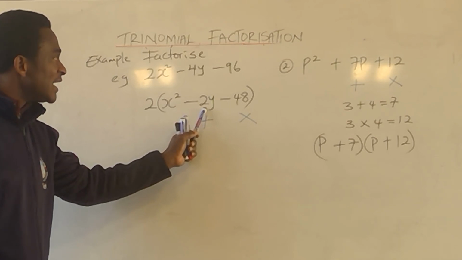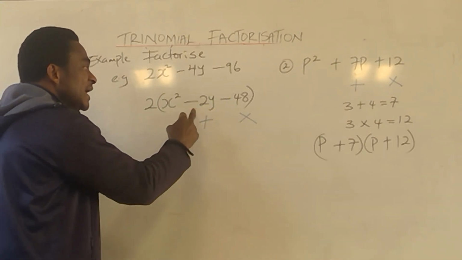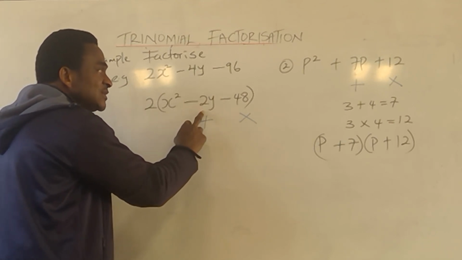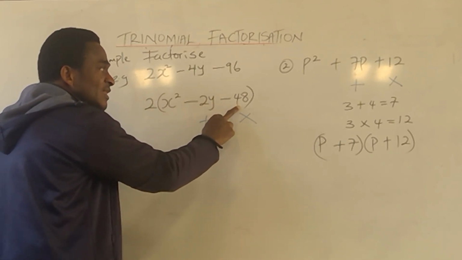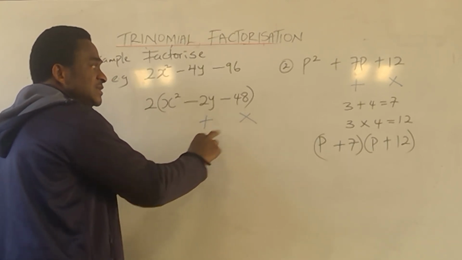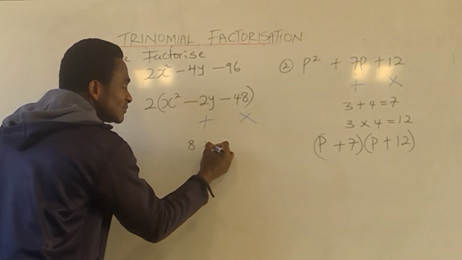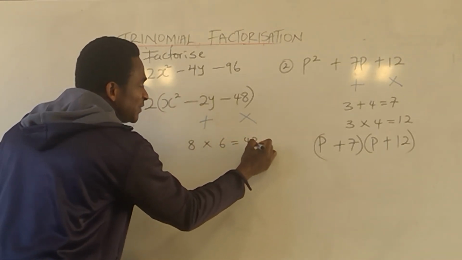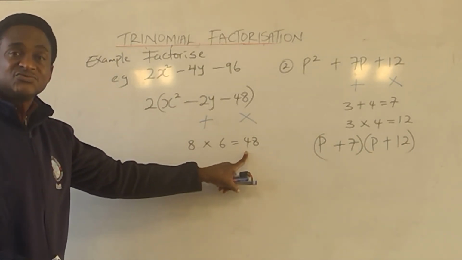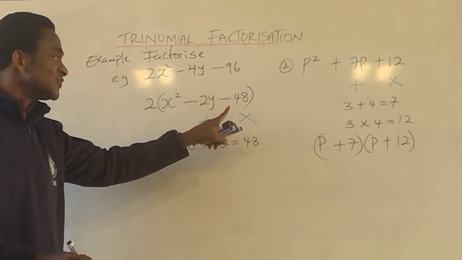Remember, we have 2x here and we have 48. So what will we add or subtract to give us this and multiply to give us this? Now 8 times 6 gives 48. And we have to be careful, it's a negative. So we strive towards getting the negative.